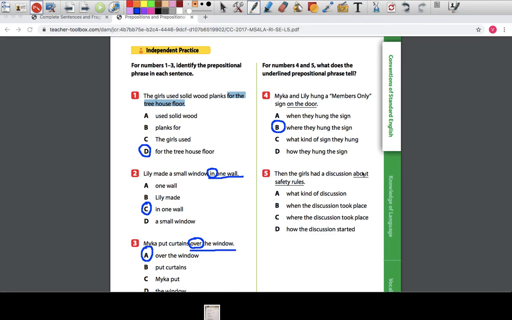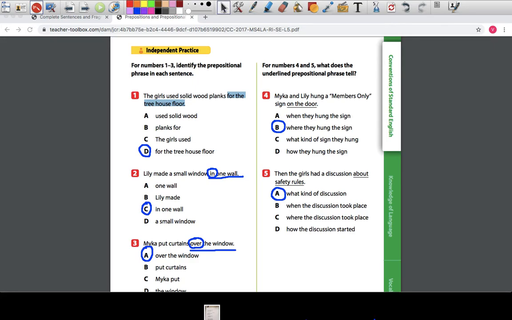Then the girls had a discussion about safety rules. So about safety rules is my prepositional phrase. So we've got to figure out what kind of prepositional phrase it is. Is it telling me what kind of discussion, when the discussion took place, where the discussion took place, or how the discussion started? And it would be what kind of discussion they were having.